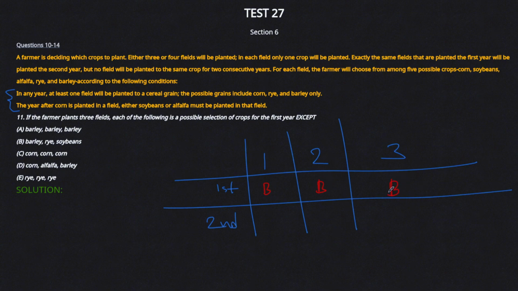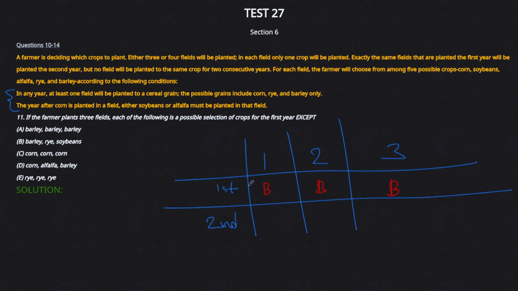For barley, we don't really have any set criteria like corn, so we can basically put anything other than barley the next year, because no field will be planted to the same crop for two consecutive years. So we cannot plant barley in the same field for two consecutive years. So we need to switch something up.